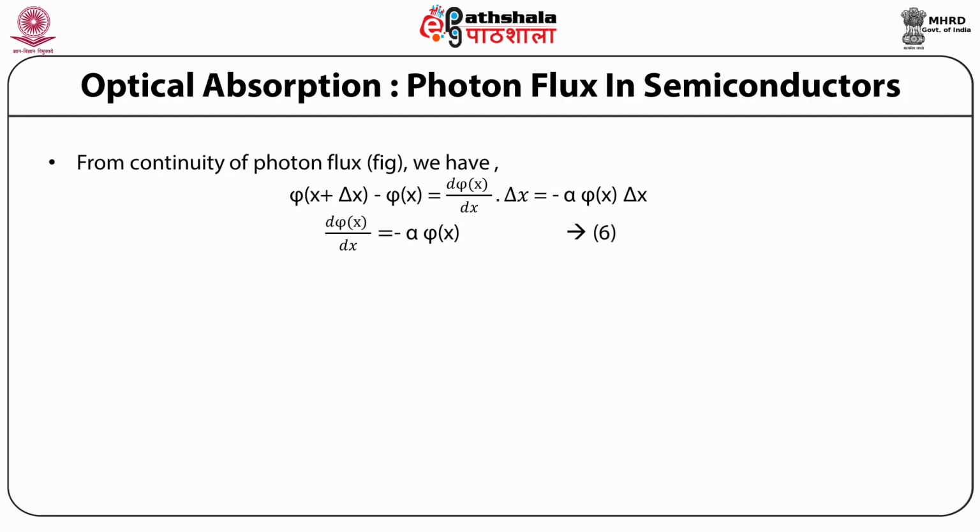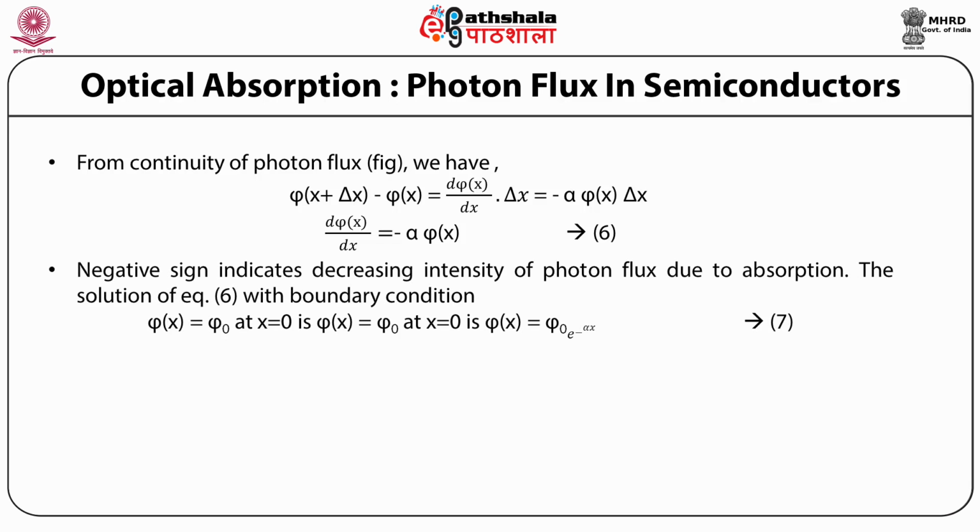From continuity of photon flux as shown in this figure, we have phi(x + delta x) minus phi(x) equal to d phi(x)/dx multiplied by delta x, equal to minus alpha phi(x) delta x. This implies d phi(x)/dx equal to minus alpha phi(x).